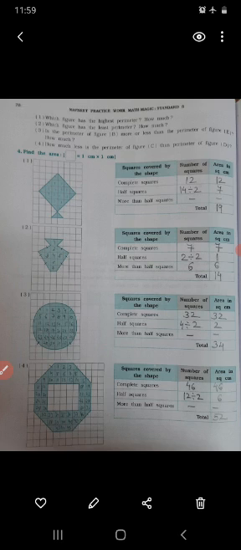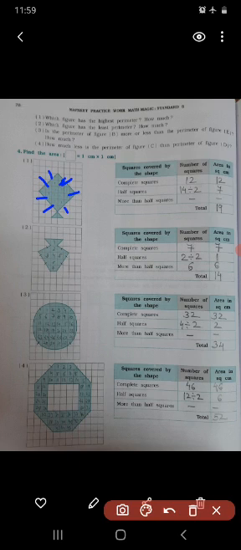And now here there are more than half squares. More than half will be clearly visible to you: 3/4 of that part of a box will be covered and 1/4 will be uncolored. There are a total of 6 more than half squares. I'll just go through that.